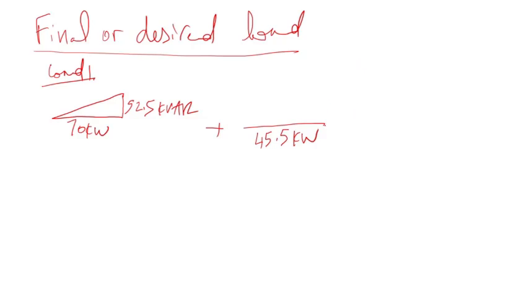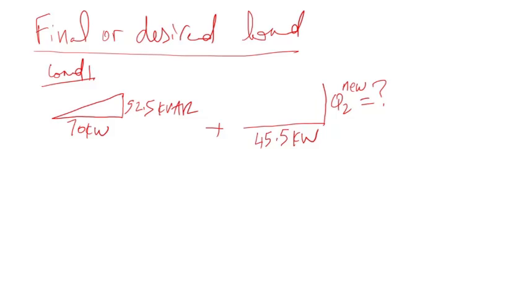So we want it to be lagging, so the new Q2, this is what we are trying to figure out. And obviously we'll have S2 new as well, and we'll have a new power factor angle as well.